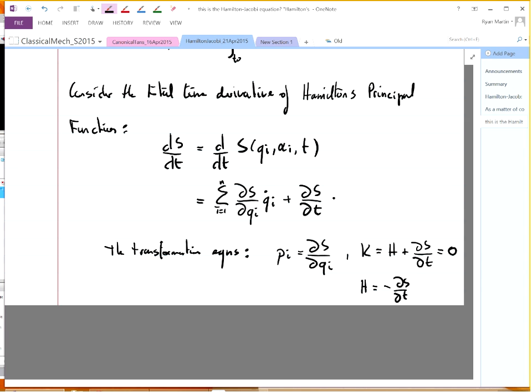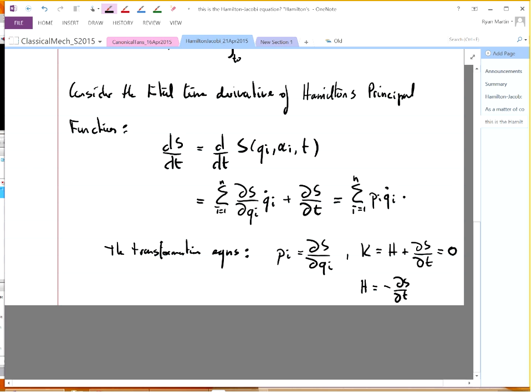Right? If I put that in here, I get the sum from i equals 1 to n. Instead of ∂S/∂qi, I'll write that as pi. That's pi qi dot.